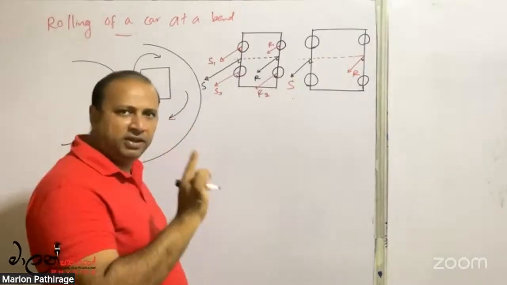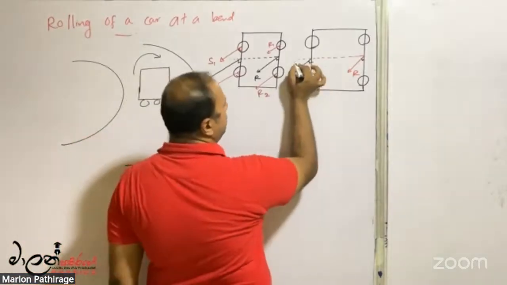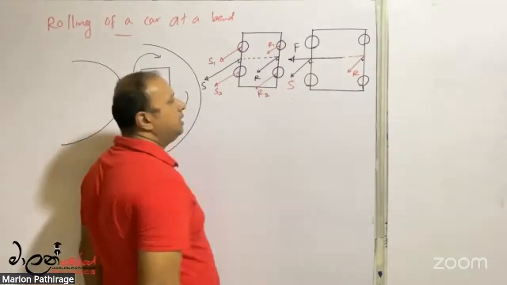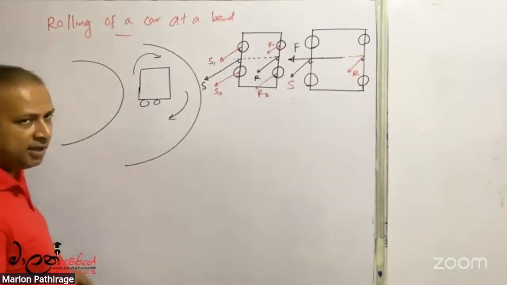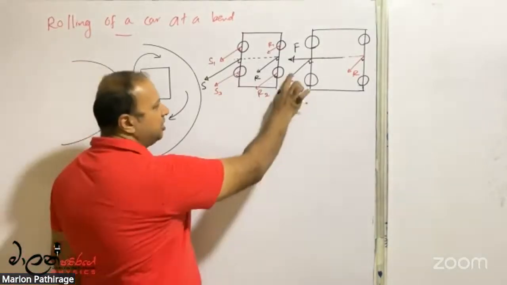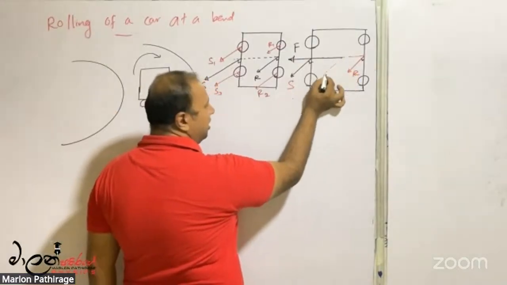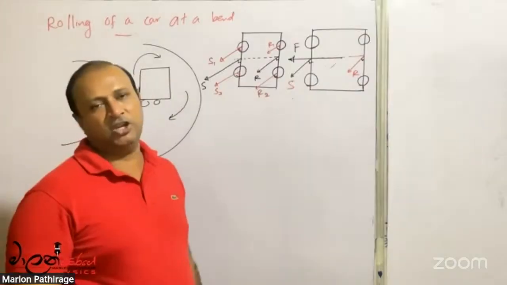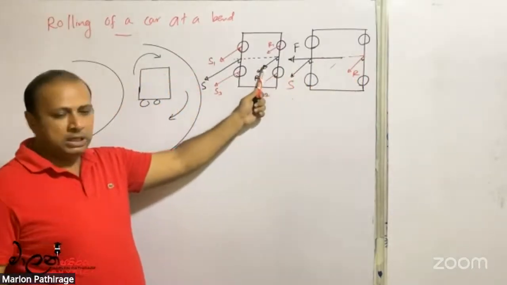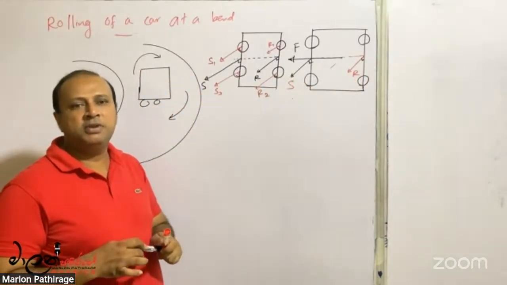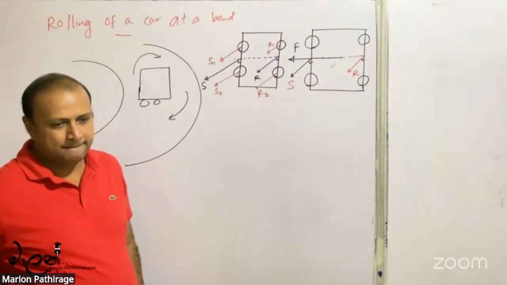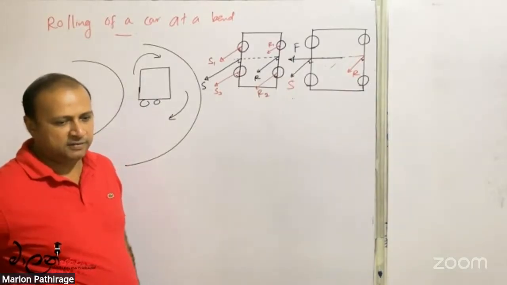Therefore, definitely the friction force should occur along this line, into the center of the circle, because the friction force and the total normal reaction should be at the same location. Therefore, the friction force should go along this line. If you get my explanation, please raise your hand. I need a response from everyone.